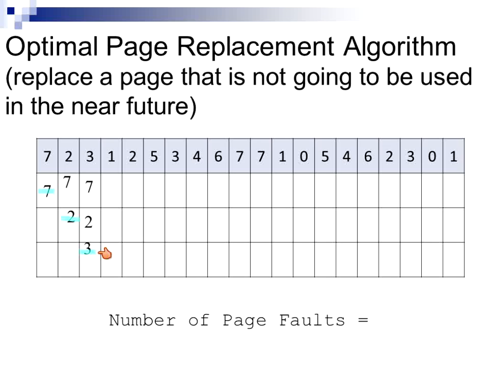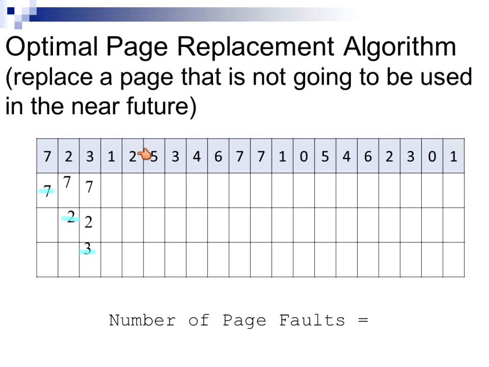When is 7 going to be used again? Let me state that again. We want to look at when 7 will be used again, when 2 will be used again, and when 3 will be used again.